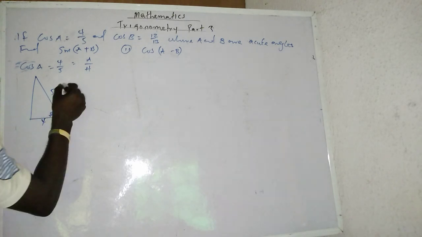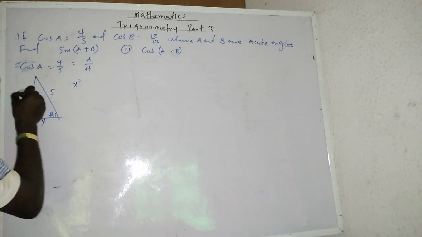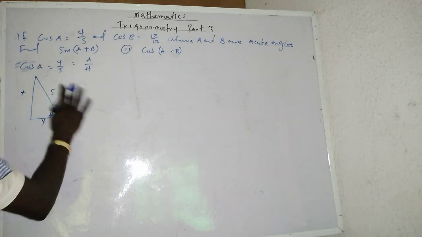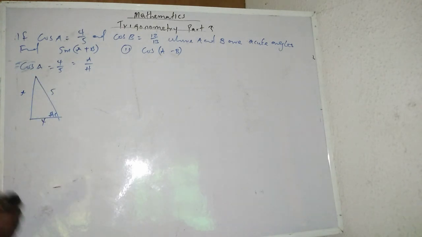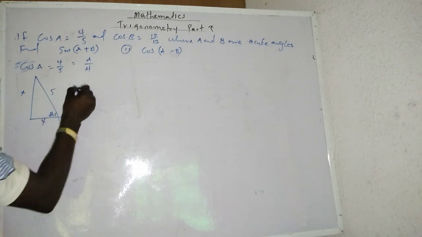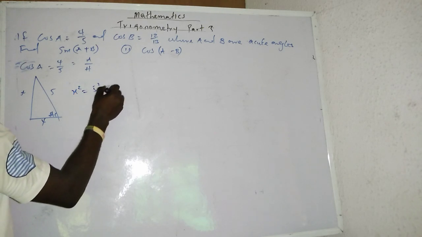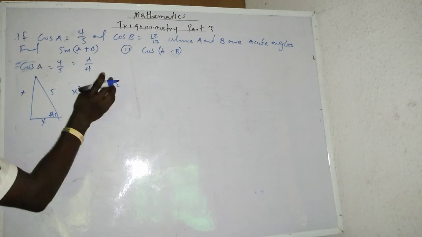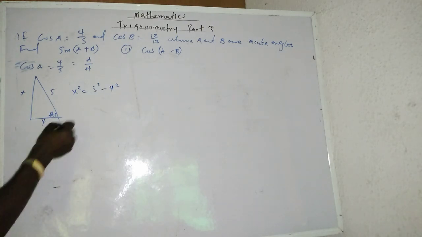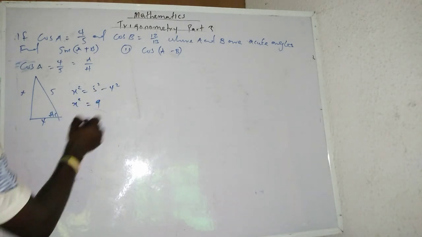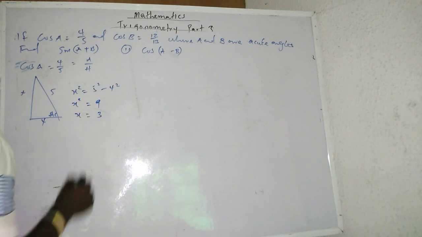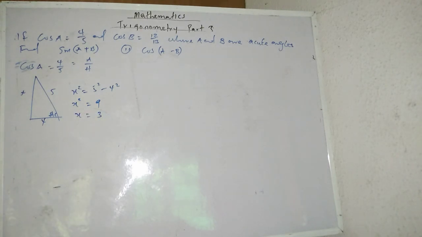It means, call the unknown side x, Pythagorean theorem: hypotenuse squared equals opposite squared plus adjacent squared. Now, x squared equals what? 5 squared minus 4 squared, which is 25 minus 16. I will have x squared equals 9, my x equals 3.